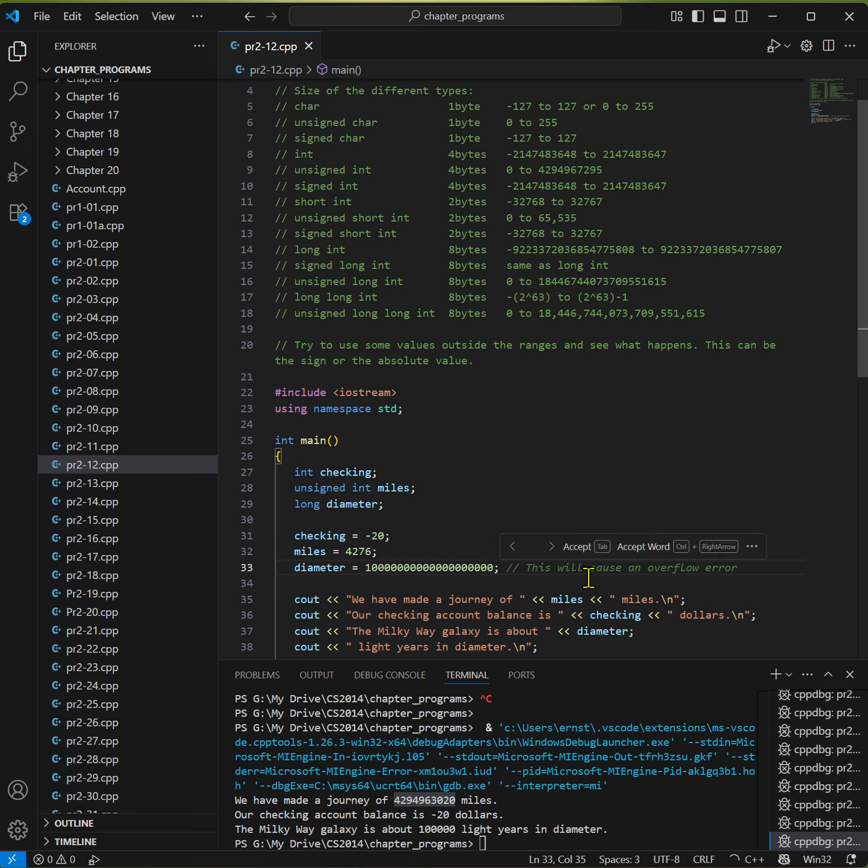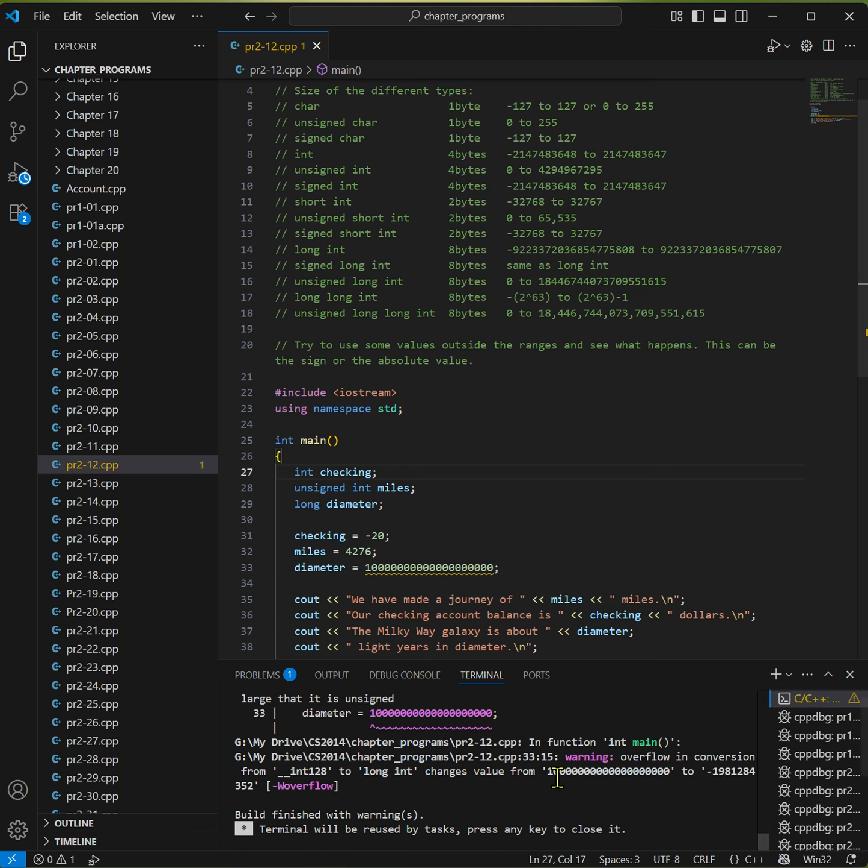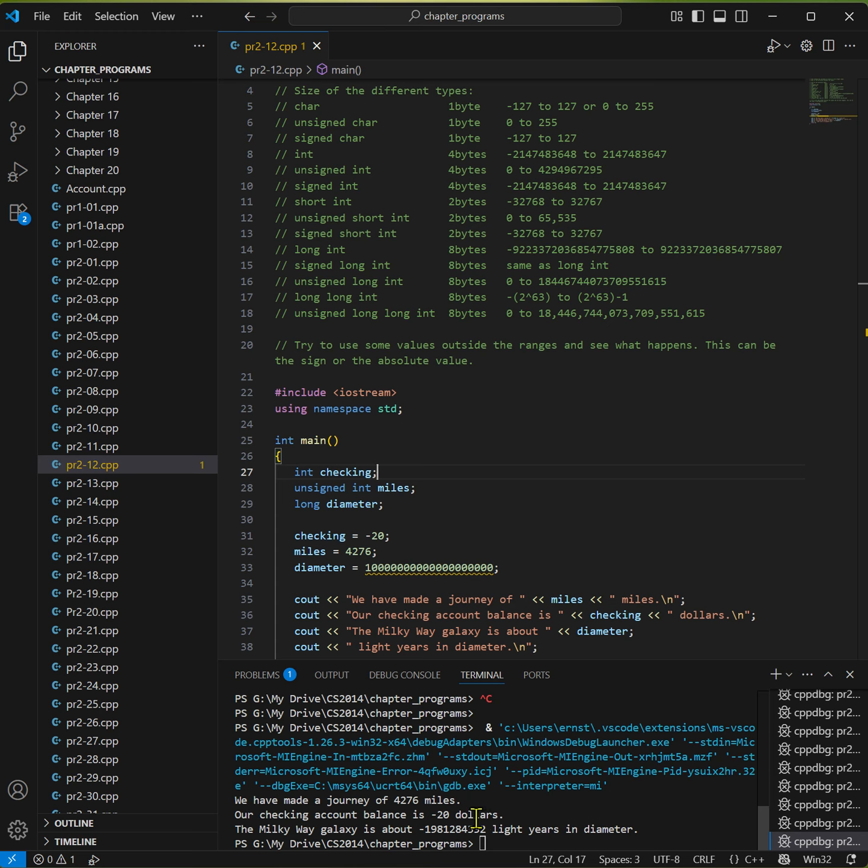Okay, and it already tells us this will cause an overflow error. So instead of this diameter, we get a totally different number. All of a sudden we have a negative number. So the distance, of course, cannot be negative, so that doesn't make any sense either.